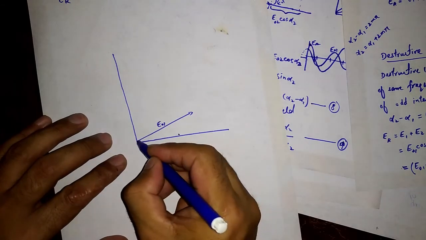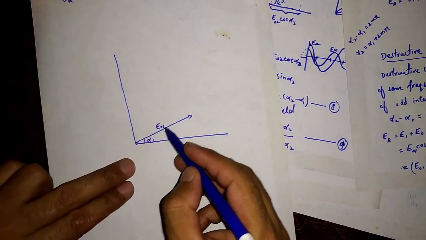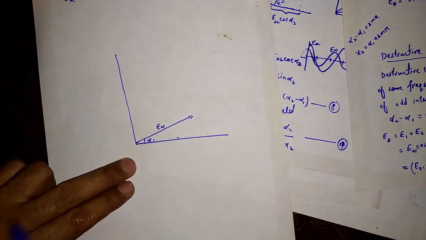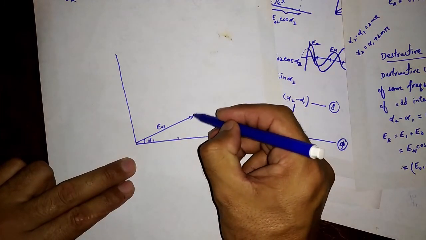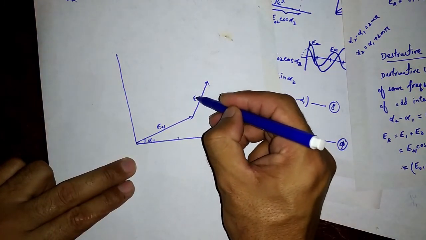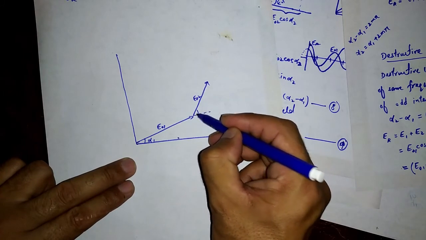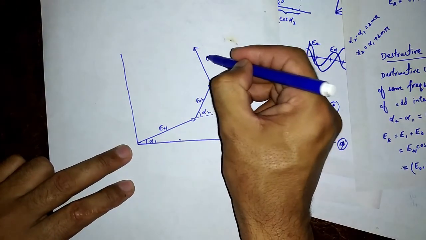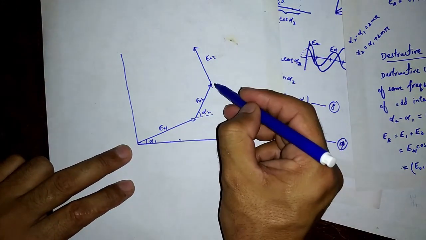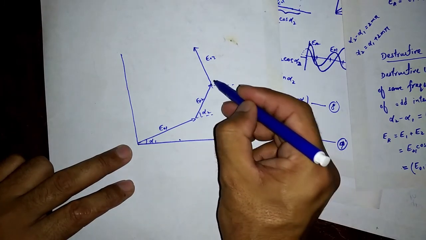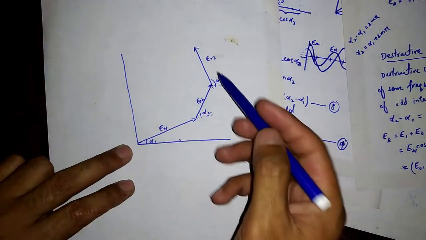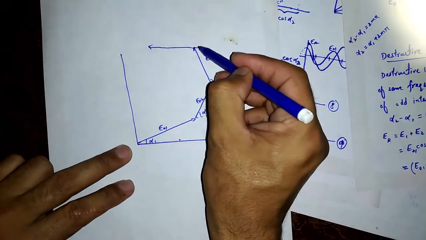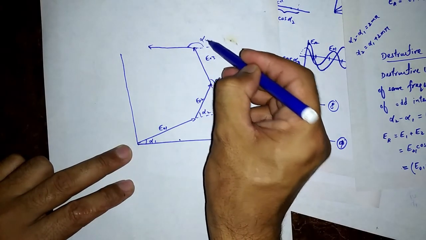Let's suppose this one has amplitude E naught 1 and phase alpha 1, and the second wave is E naught 2 and has phase alpha 2, and then the third wave has its own phase and amplitude, and so on. Clear?